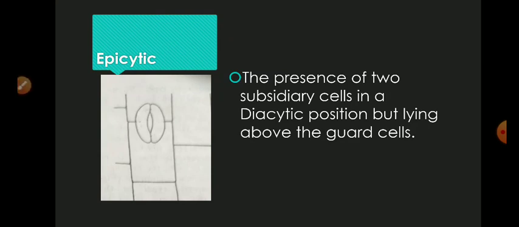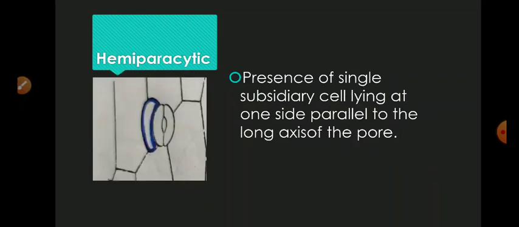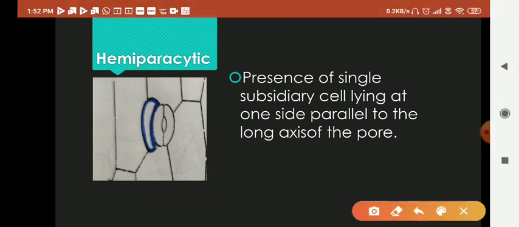So the presence of subsidiary cells in a diacytic position but lying above the guard cell. What we have seen in diacytic, but in this case it is lying above the guard cell. Hemiparacytic, you can see only one single subsidiary cell at one side, this one. So this is called hemiparacytic.